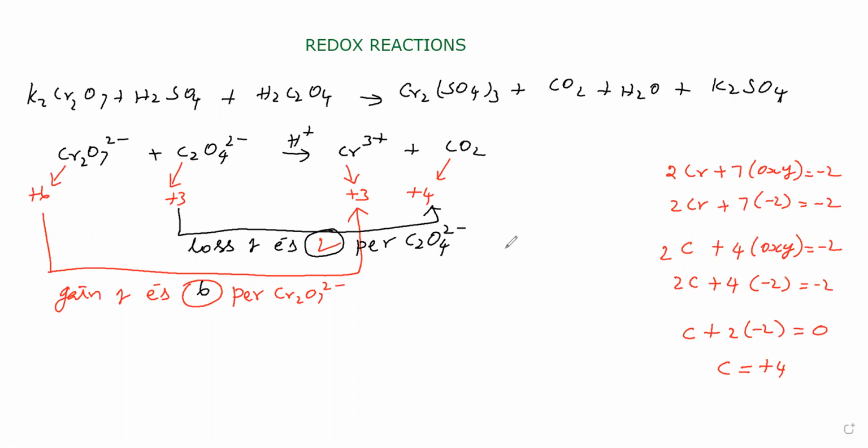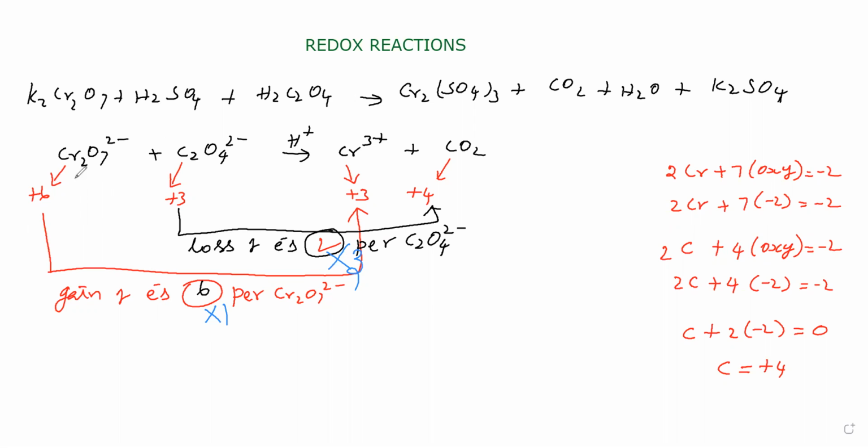Next, equalize the loss of electrons and gain of electrons by multiplying with a suitable number. So multiply this with 3, and this with 1. Take oxalate 3 times and dichromate 1 time.